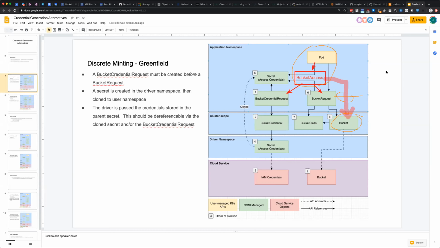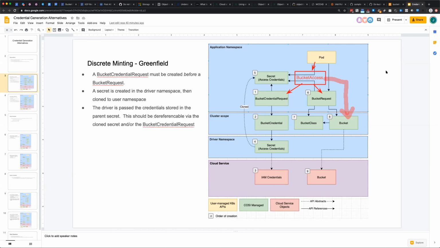John, we also suggested that there will be two ways of referring to it. Either the bucket will say, this is my owner, and once that bucket request is deleted, I want to be deleted as well, even if I have other bound requests, which will be left unbound.